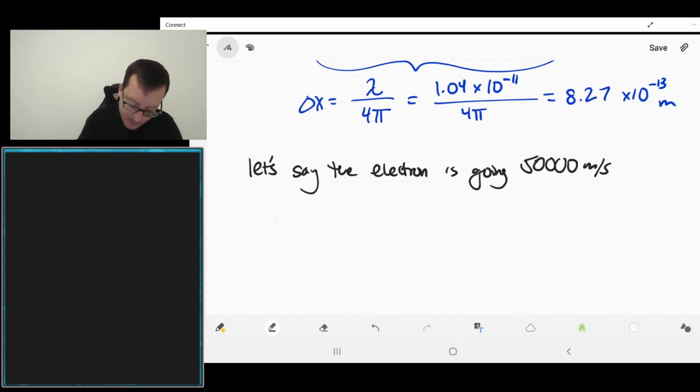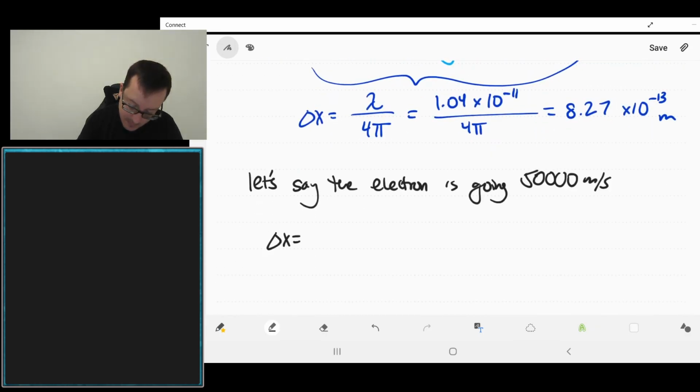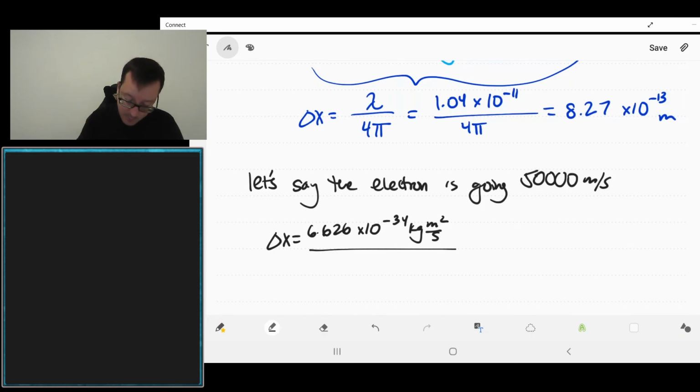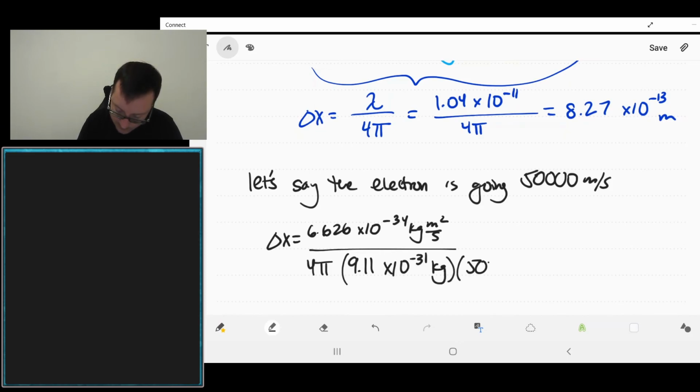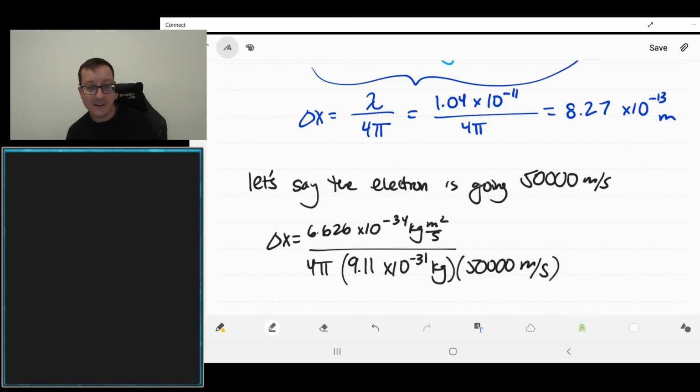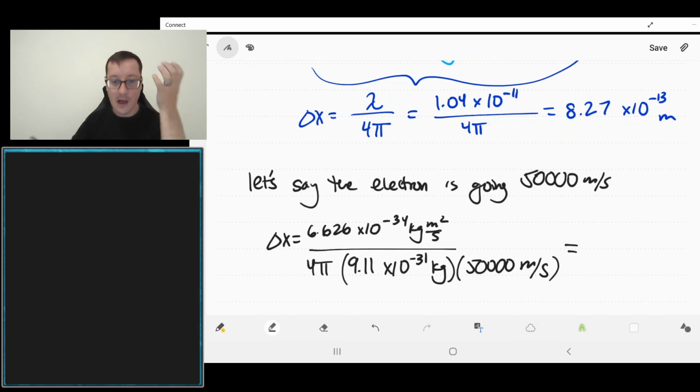If we do this, Planck's constant, 4 pi, mass, and this 50,000. I'm just doing this to show a point, and I happen to choose a bad speed. So that was too high. So if we do this, I'm going to go ahead and erase 50,000. There we go. Aha! Doing this with this new one, 1.16 times 10 to the negative 9 meters.